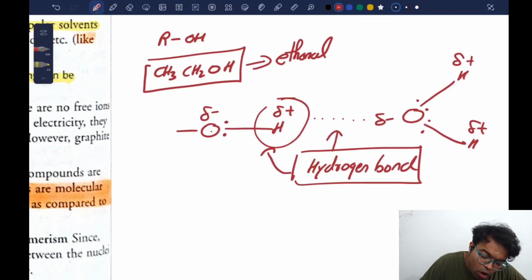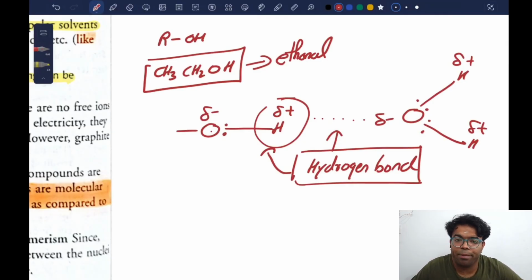Now, this oxygen and hydrogen are forming a single covalent bond, right? So, ideally speaking, the electrons should be shared in the middle, but that's not what happens. Both the electrons that are being shared lie closer to the oxygen atom.